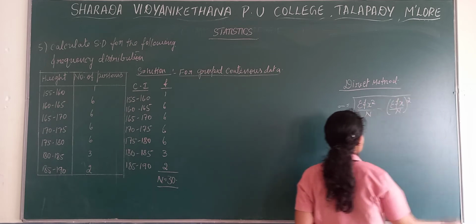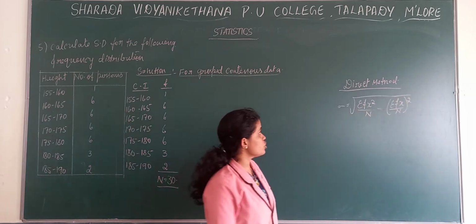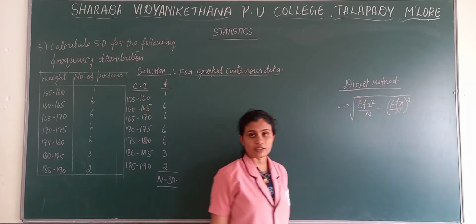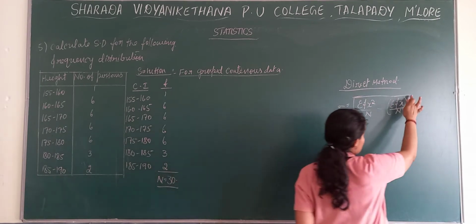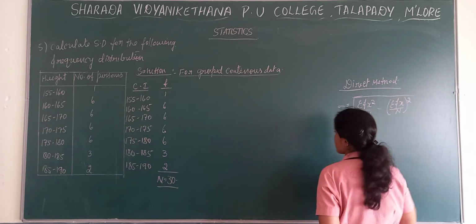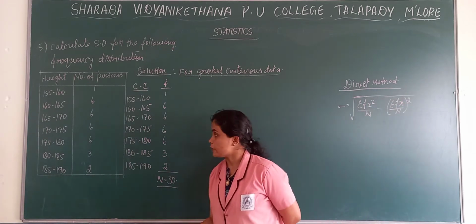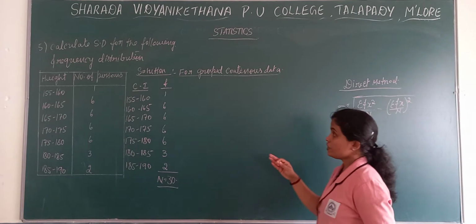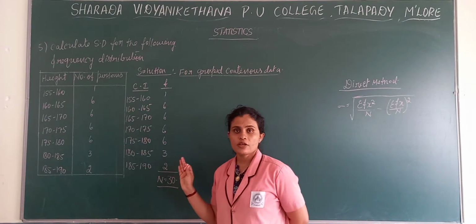There is no difference between the discrete and continuous series formulas with the direct method. Now, sigma fx square by n. We have here class intervals and frequencies.